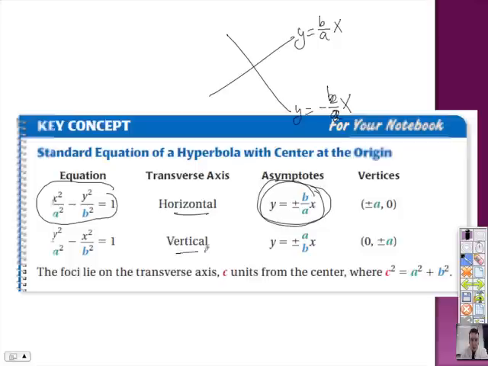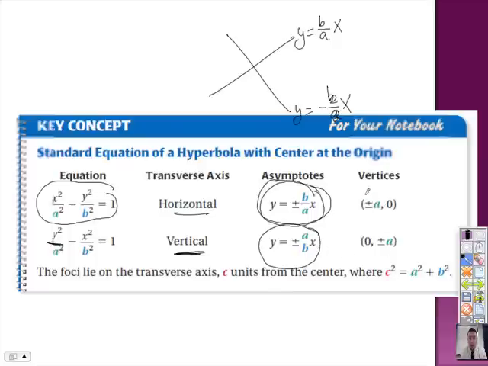And if you have a vertical one, going up and down, Y squared minus X squared, you have A over B. These two things get mixed up all the time. People just forget. You've got to know what you're doing, and study hard for this stuff.